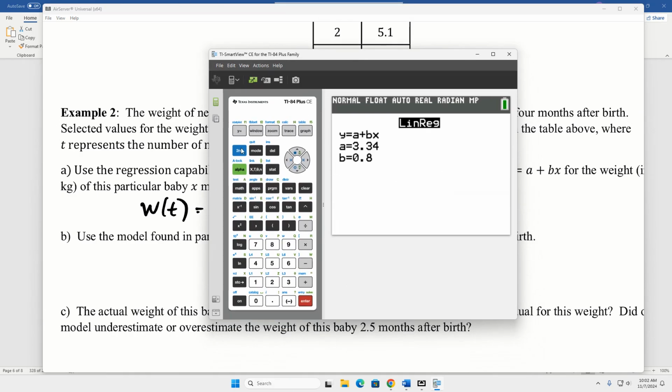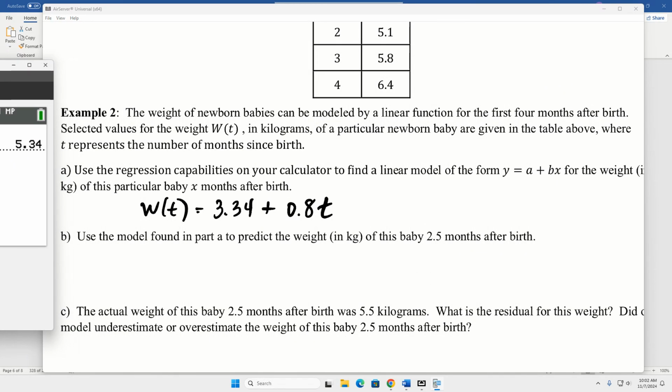Since it's in our calculator, we can just do Y1 and put 2.5 in parentheses. I hope that's something you guys are pretty comfortable doing. And so, according to the model, the prediction of this baby at 2.5 months is 5.34 kilograms.